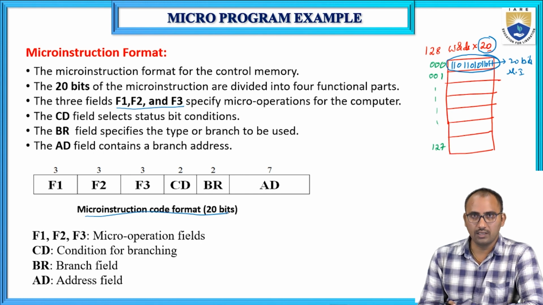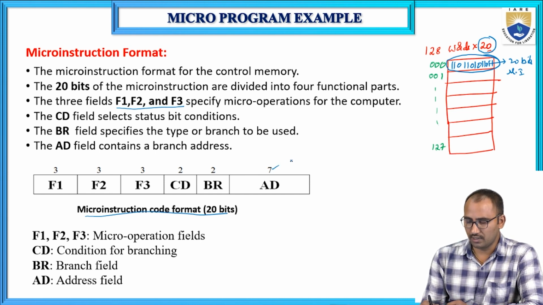The first 7 bits represent the address of the operand, the next 2 bits represent the branching, the next 2 bits represent the condition, the next 3 bits represent field 3, the next field 2, and the next field 1.